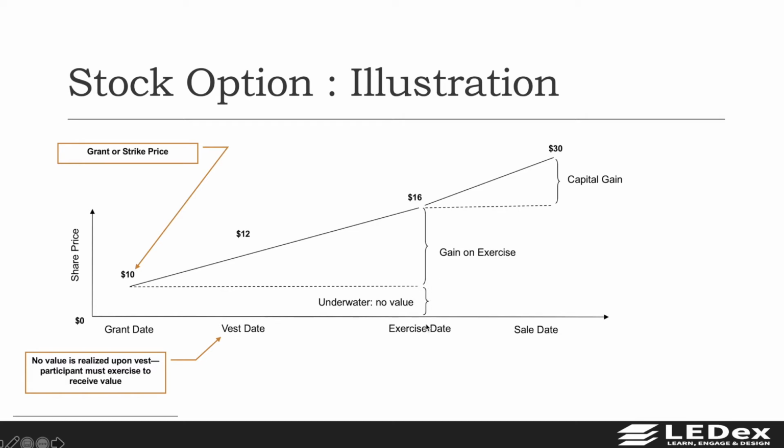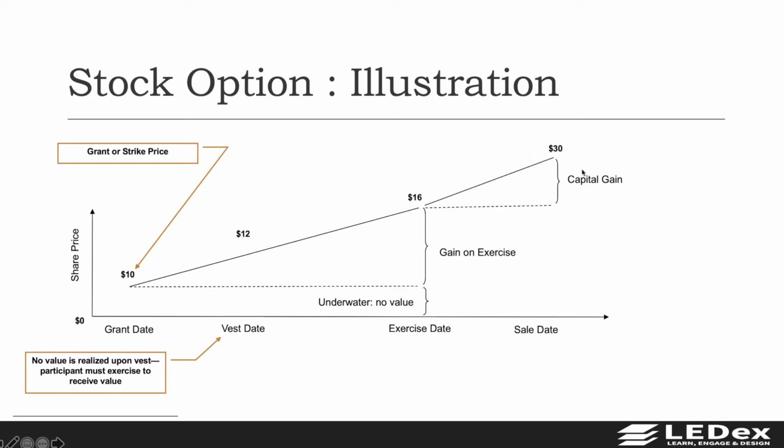Now, what's happening here is on that exercise date, the individual has paid $10 and is receiving a share which is worth $16. And that's where the gain on exercise comes in. The individual could choose to exercise at this point and retain that asset as a share for the future and sell it later at a value of $30 in this example.